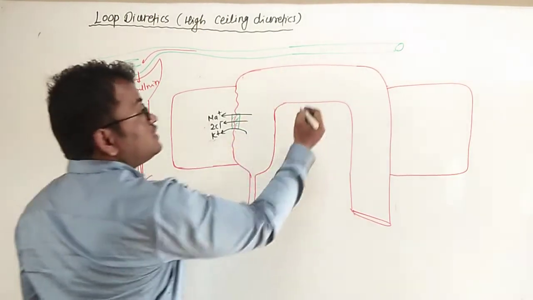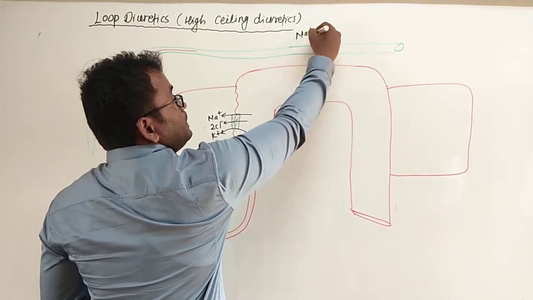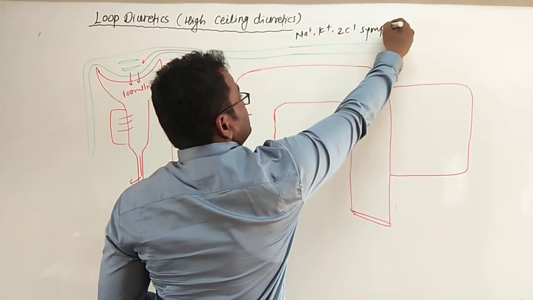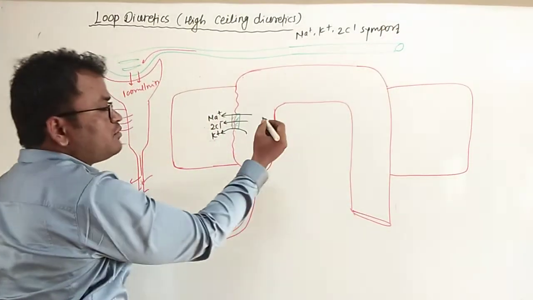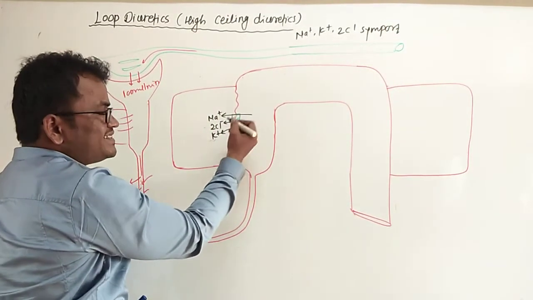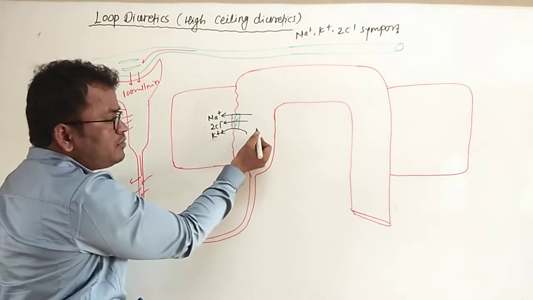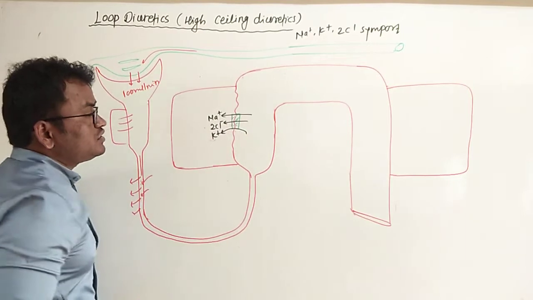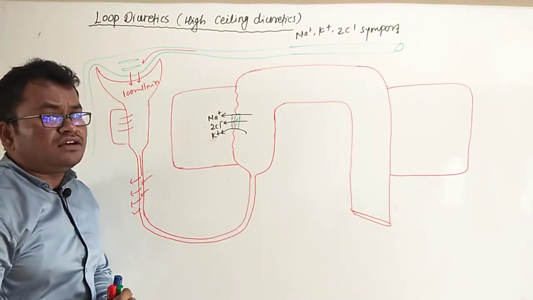Which symport? Sodium, potassium, 2 chloride symport. Why? Because all the molecules move in the same direction, from the luminal side toward the intracellular side. So this is the sodium potassium 2 chloride symport.